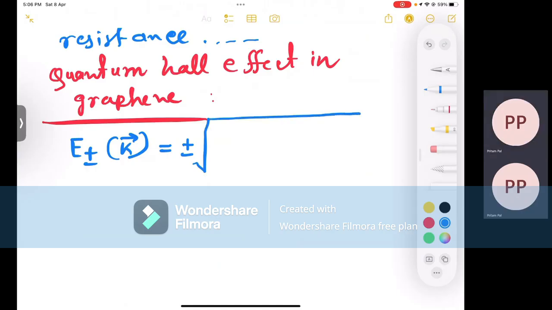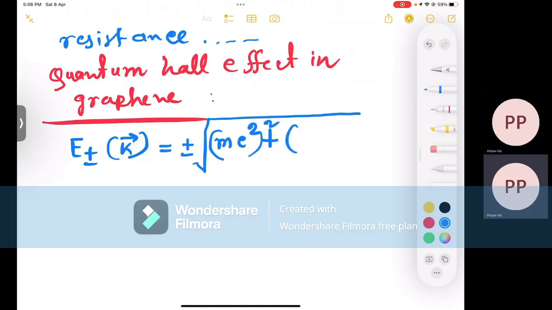This is in the context of relativity. Keep in mind, okay, because we are dealing with a particle which has a speed close to the speed of light: mc square plus h cut c k square.